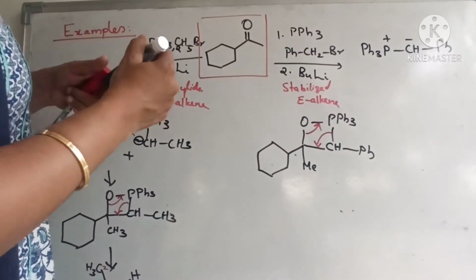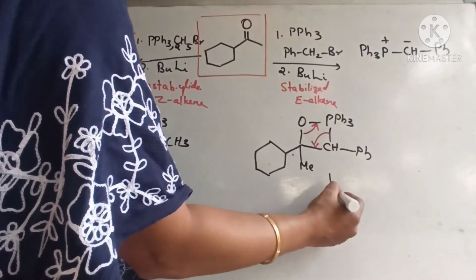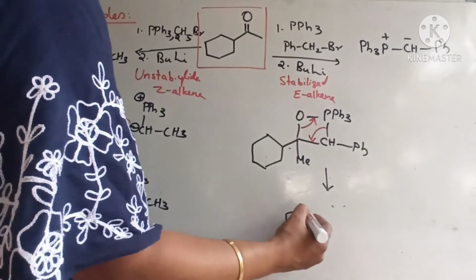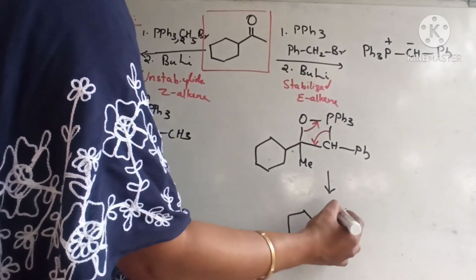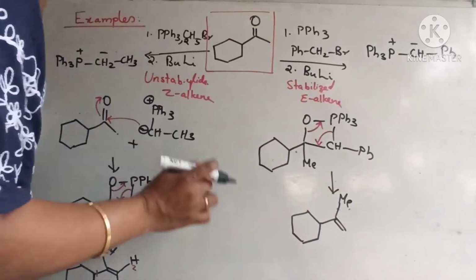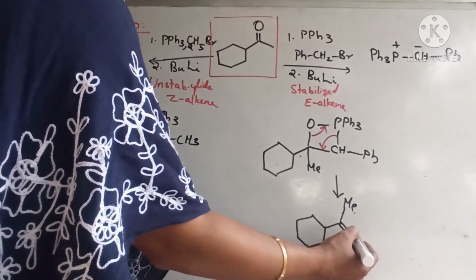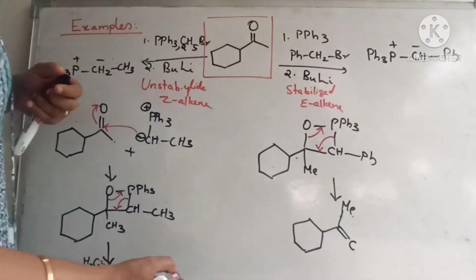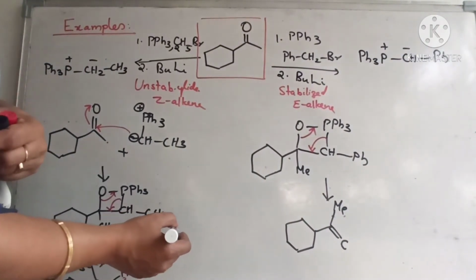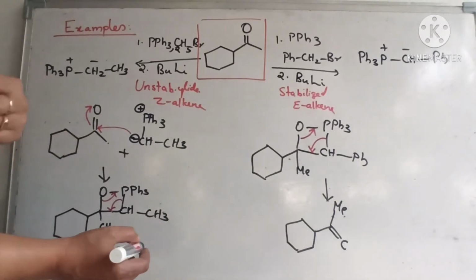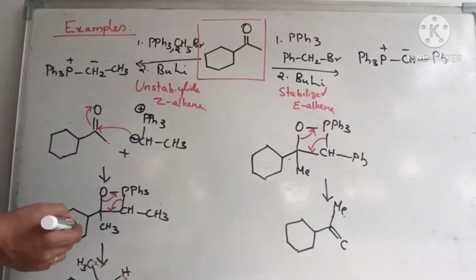Now the product should be E-alkene, right? E-alkene. So accordingly you have to write down the product. So here obviously one methyl group will be there. This is from the starting material. Here this carbon and one hydrogen and one Ph, right? So how could this be written?